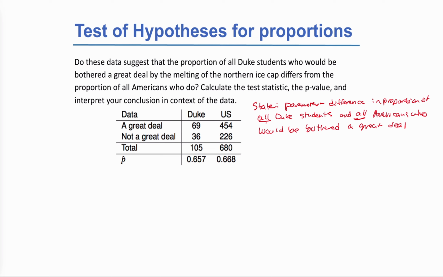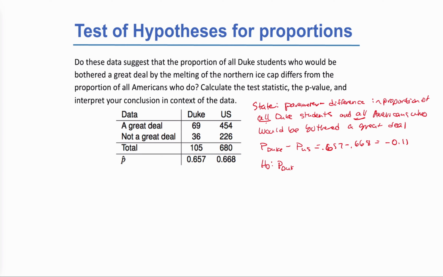Our statistic, P hat Duke minus P hat US, is 0.657 minus 0.668, which is negative 0.011. Our null hypothesis, we said, is that P Duke minus P US is 0, or that P Duke is equal to P US.